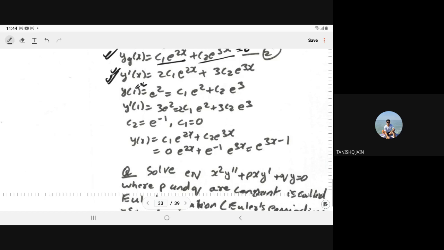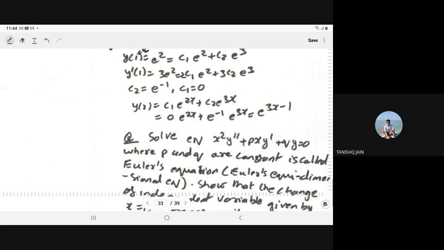If the value of the function and its derivative are given at the initial point, you will get a unique solution, and it is free from arbitrary constants. The arbitrary constants' values you have computed from the given conditions.